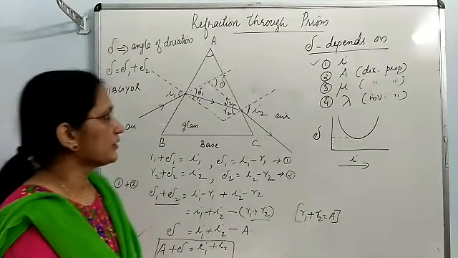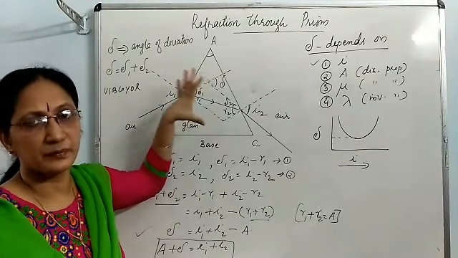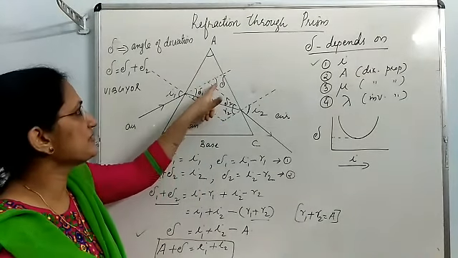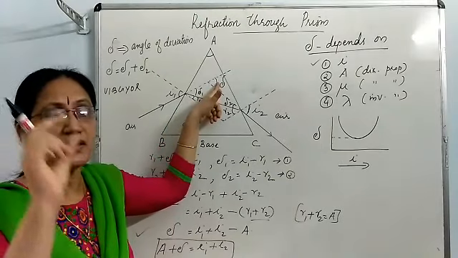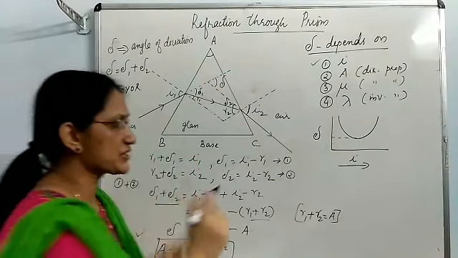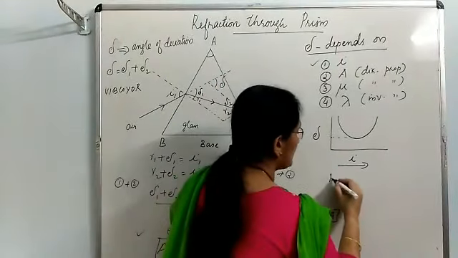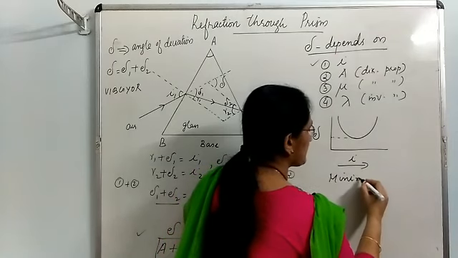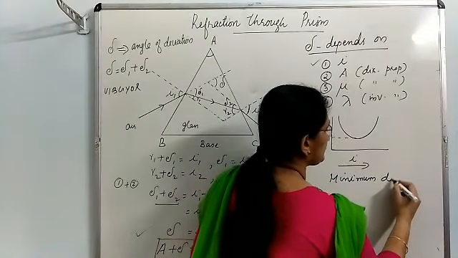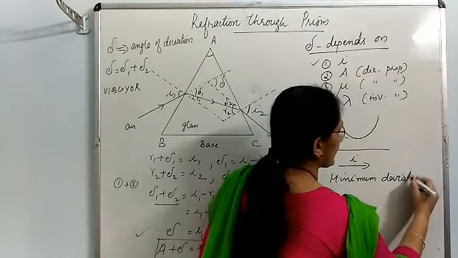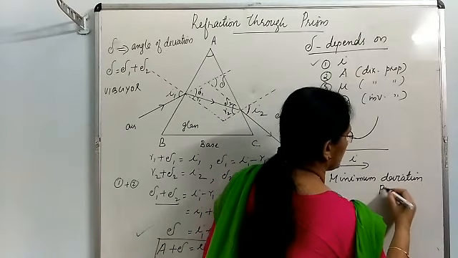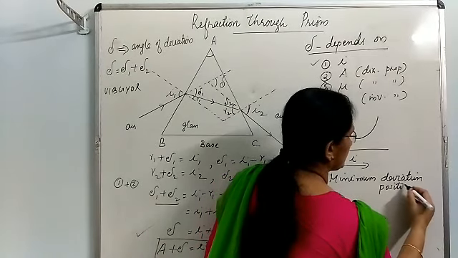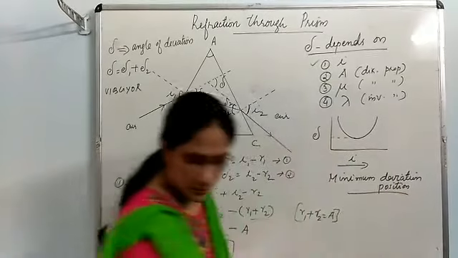Then the position of the prism where this deviation becomes the least or minimum is given a name: minimum deviation position of the prism. This is an important term.